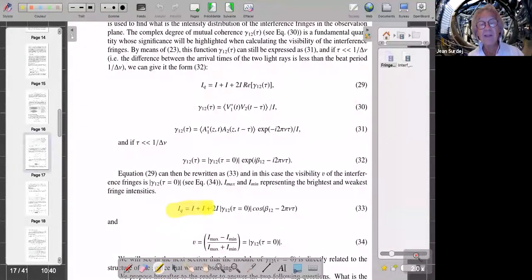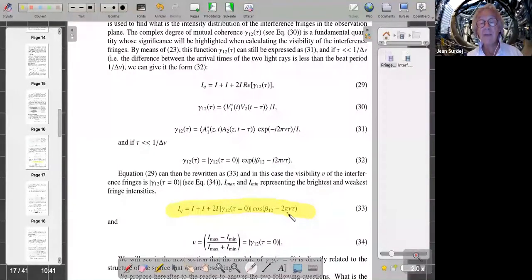The intensity distribution is the distribution due to each single aperture, plus an interference term. In the presence of quasi-monochromatic light, the modulus of the complex degree of mutual coherence is not equal to 1, which would be the case for pure monochromatic light, but depends on the correlation between the electric fields at the two pinholes. So it's called the complex degree of mutual coherence.